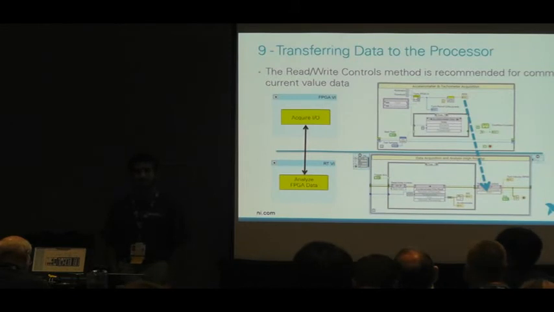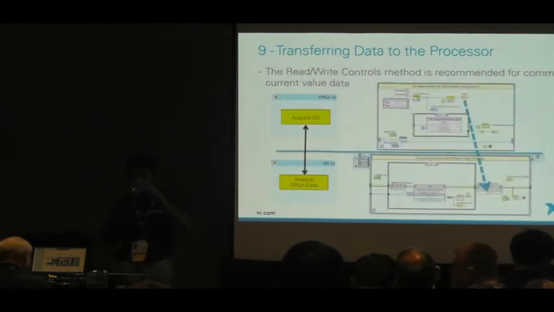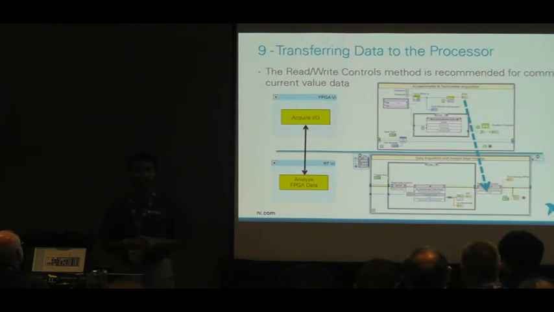Any other questions? Yes. In the FPGA, you're acquiring data at a rate, say 10 kilohertz, whatever it may be. Can you read in the processor at the same rate? No. So the question was, if you're firing at a certain rate and trying to read with a read-write control, are you going to see the same value?